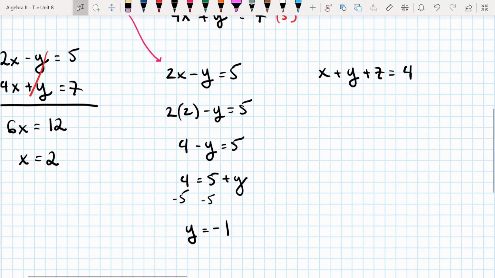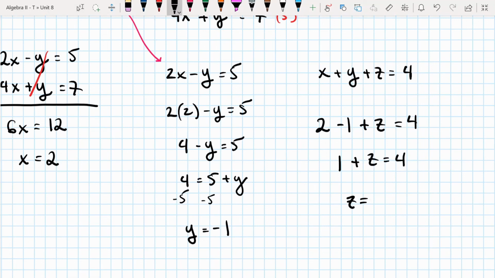Well, we know x, we know y, we just need to plug those values in order to solve for z. So x is equal to 2 plus y is equal to -1. I'll just write -1 here. Plus z is equal to 4. So now 1 plus z is equal to 4. The z value is equal to 4 minus 1, which is 3.